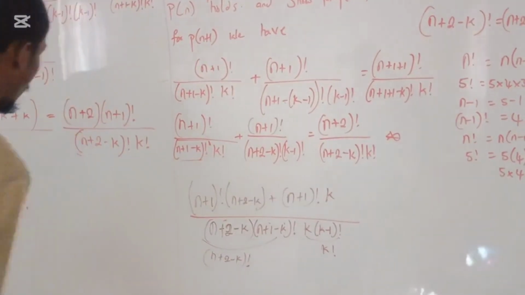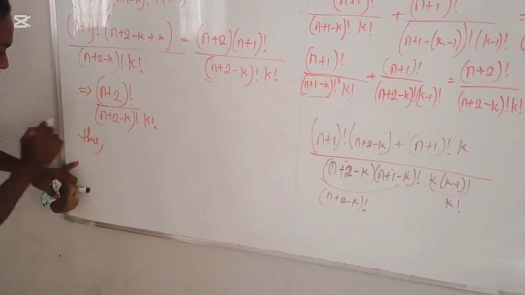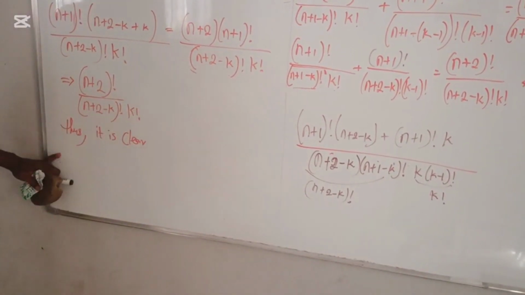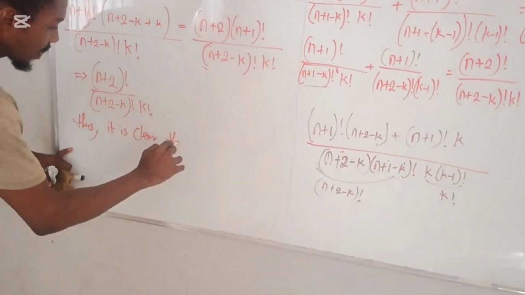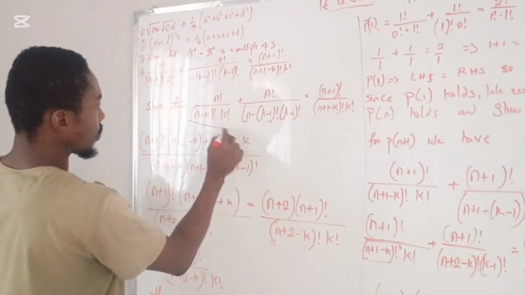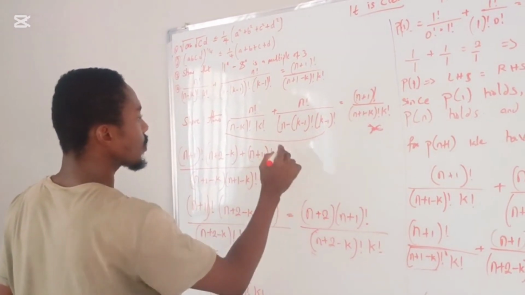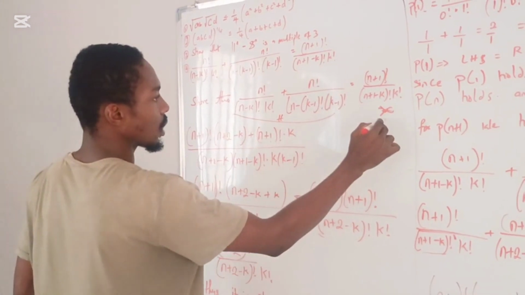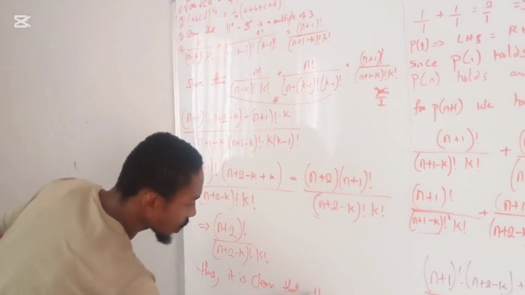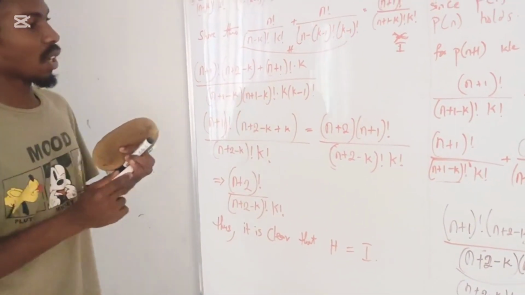So we now say thus, it is clear that the whole of this is equal to this. I'll call here H, I'll call here I. It is clear that H is equal to I. And this concludes our proof.